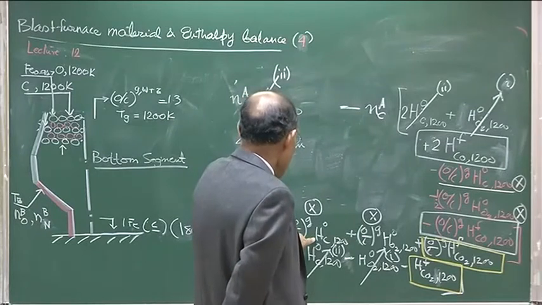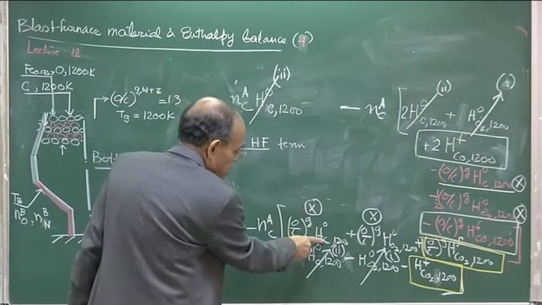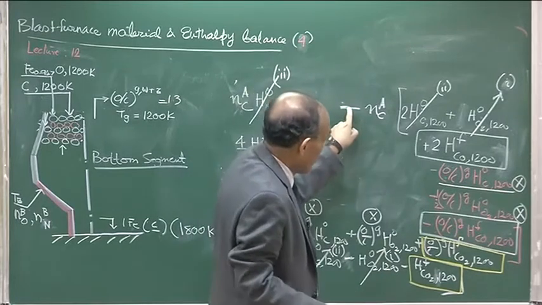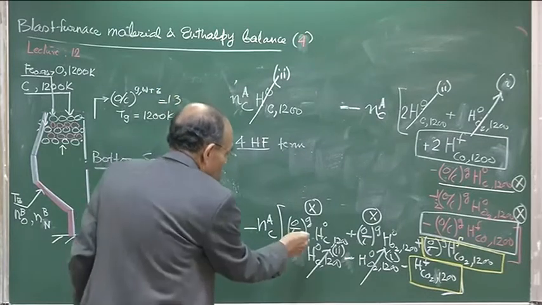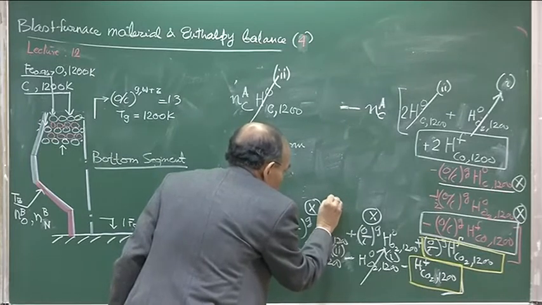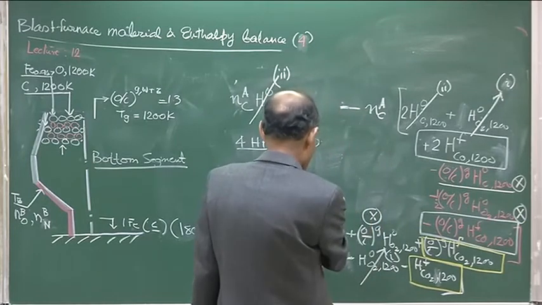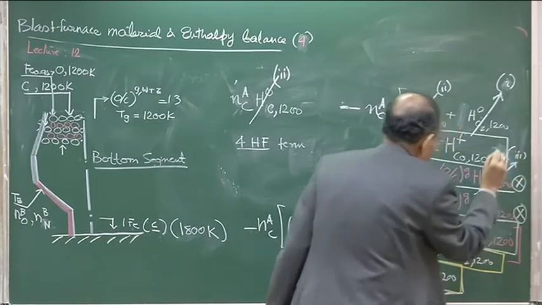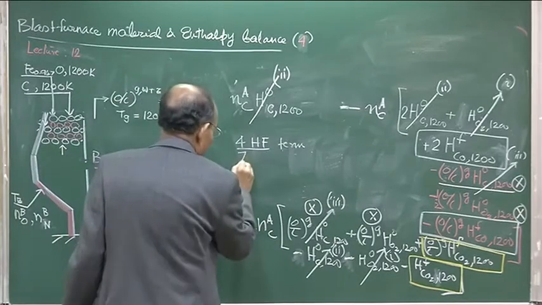So, this is one term, and this term is going to cancel out. If you look at it, O by C gas HC 1200, O by C gas HC 1200, when you open up the bracket, this is going to be minus and minus positive, and this is going to be minus. So, this term is also going to be vanishing. This is the 3, and this term is going to vanish with O by C gas with this particular term. So, 7. So, 2 terms are remaining.